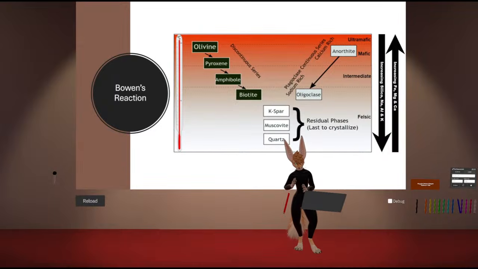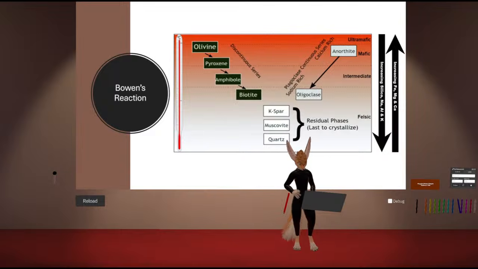Dark minerals are high in iron magnesium and low in silica, while quartz and K-spar are high in silica, low in iron magnesium. Different minerals crystallize at different temperatures. Minerals that are high in iron magnesium crystallize at higher temperatures, while minerals that are high in silica crystallize at low temperatures.